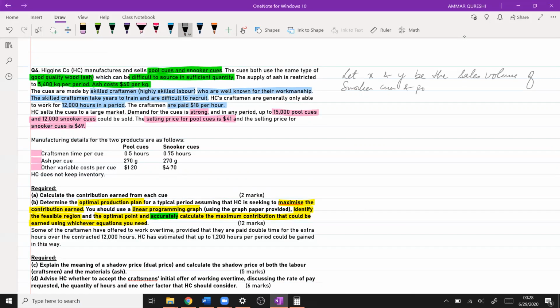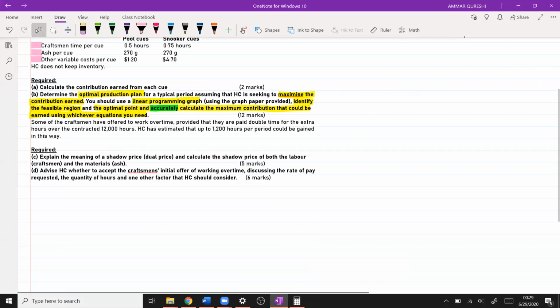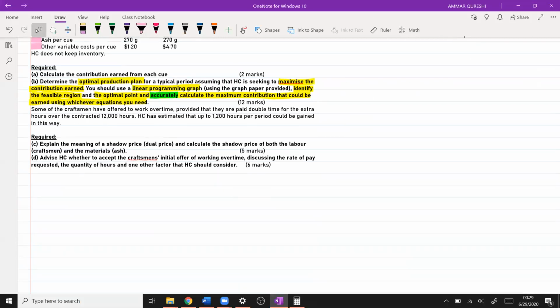The first step is to make an objective. And what is the objective? The objective is to maximize the contribution. Oops, sorry. We have to calculate the contribution first. Sorry, I forgot. We are doing the first part.